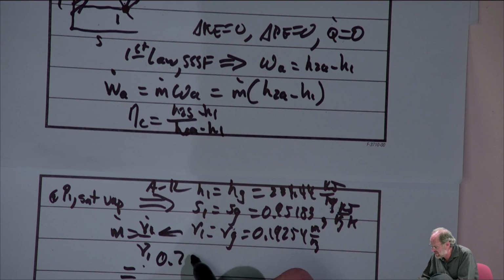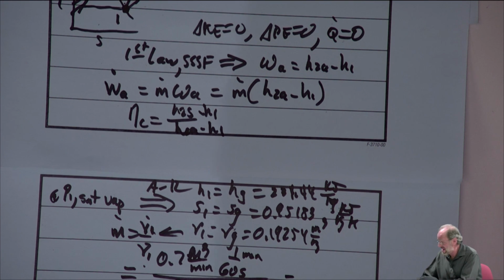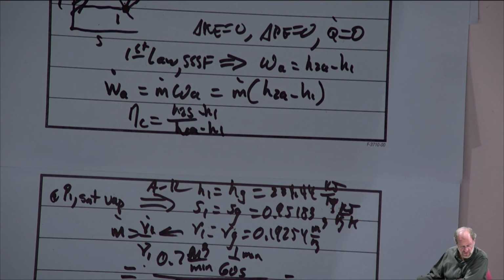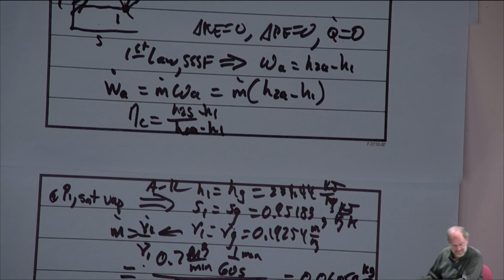So we have 0.7 cubic meters per minute. We divide by 60 seconds per minute. We further divide by the specific volume. And if we plug in all the numbers, we end up with a mass flow rate of 0.06059 kilograms per second.